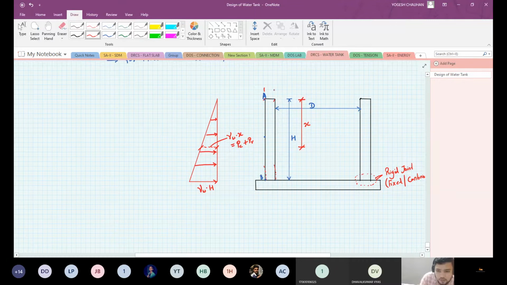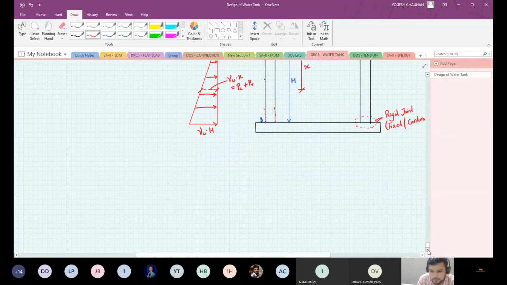Let T be the thickness of the wall. Let us write the different terms.